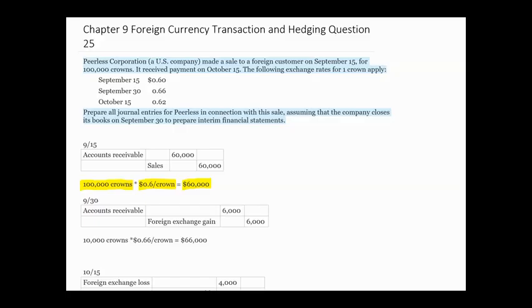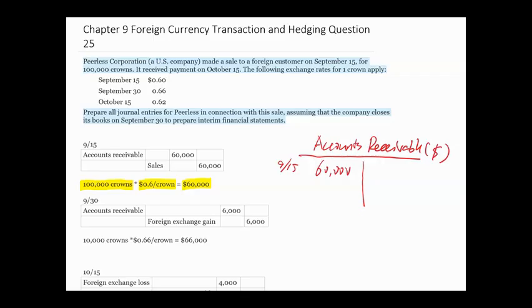So let's prepare a T account for accounts receivable. On September 15th, all numbers here are in US dollars: 100,000 crowns in total is worth 60,000 US dollars.